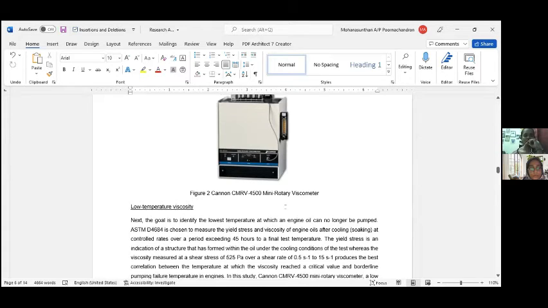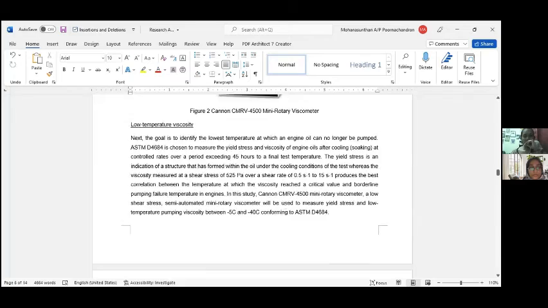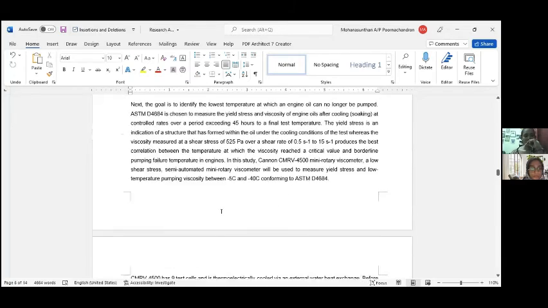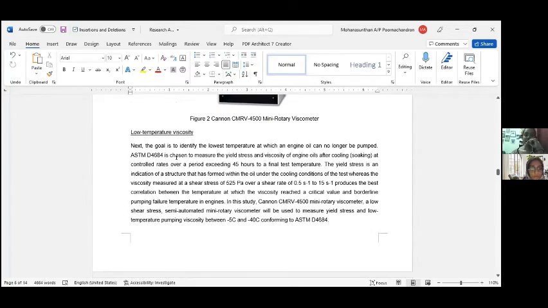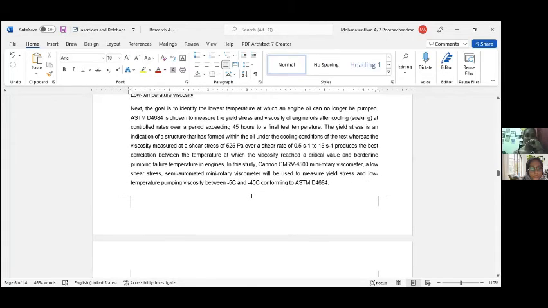But now it is very automated, so we will just use this instrument to get the reading of the VI in one go. Okay. Another thing that we want to check is what the viscosity will be at low temperature, whether our oil is getting viscous when exposed to low temperature for a long period. So we will be using this mini rotary viscometer from Cannon.